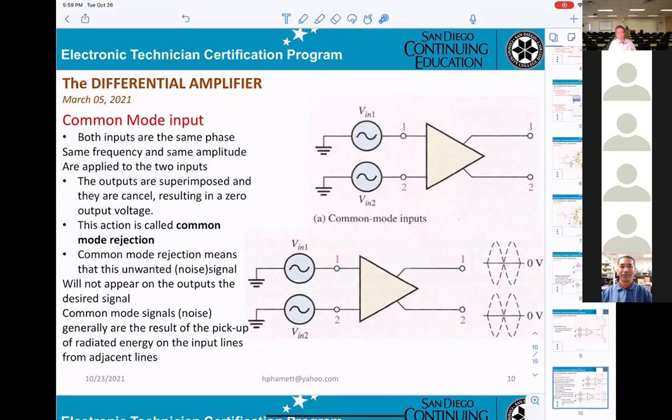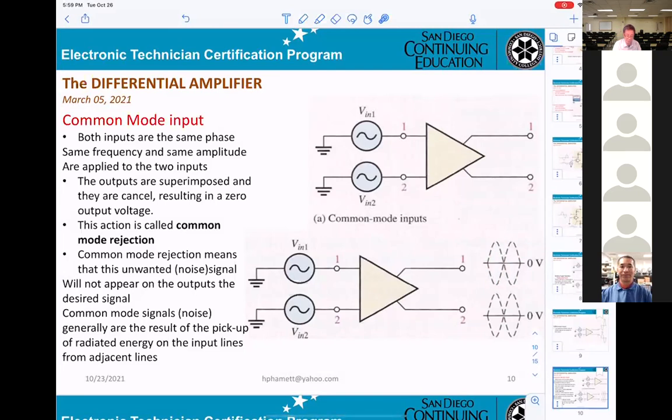Any question up to this point? You have to be reading, okay, over and over. The reason they get a 0, they already showed you right here. One input positive, another input negative.